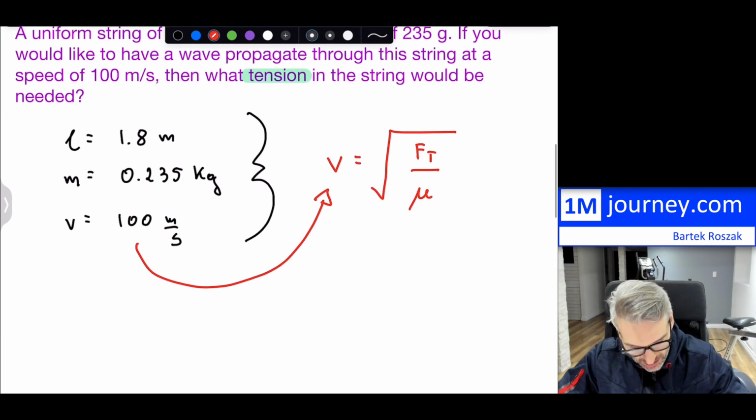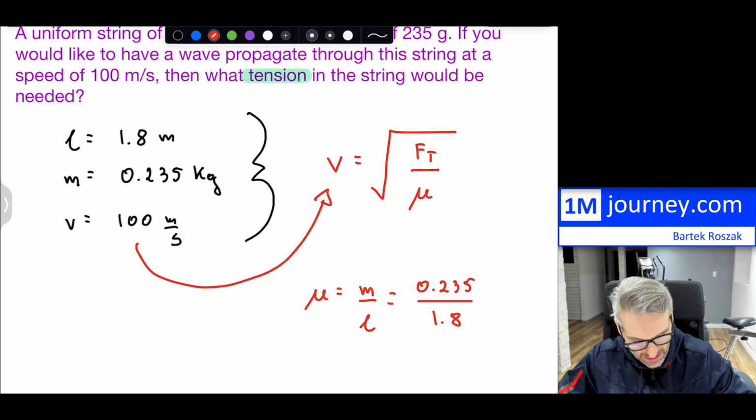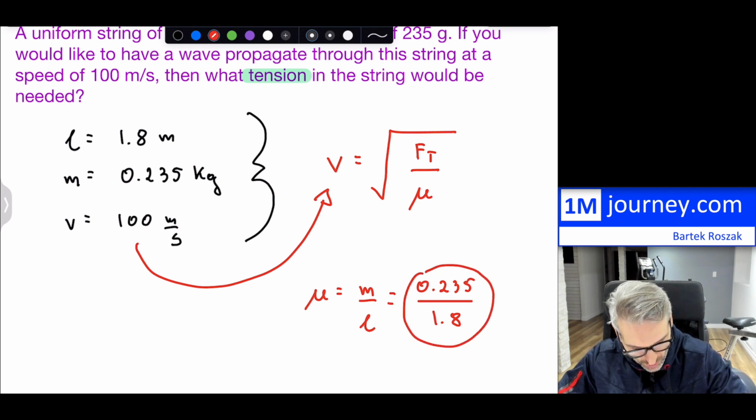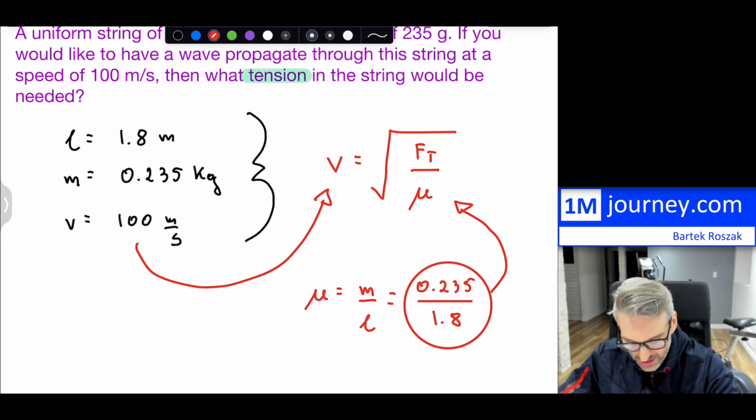My linear density I can certainly find because it is mass divided by length, and I have both: the mass is 0.235 kilograms and the length is 1.8 meters. So the only thing missing here is my tension.